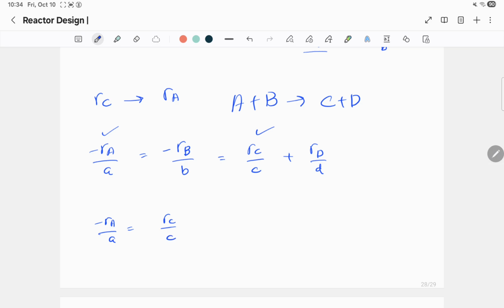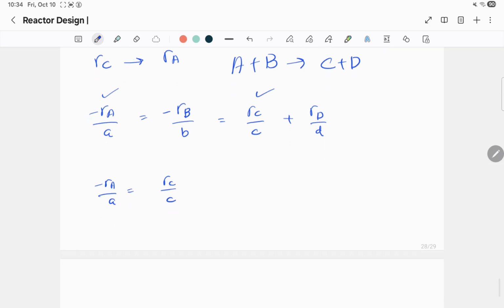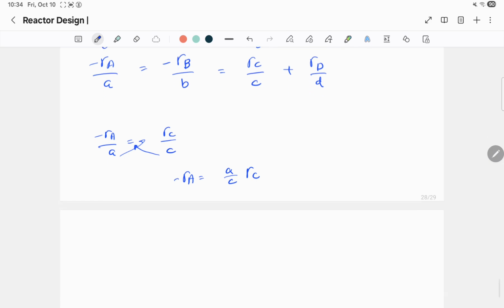Negative RA over A equals RC over C. Therefore, I'll cross multiply: negative RA equals A over C RC, which is RA equals negative A over C RC.